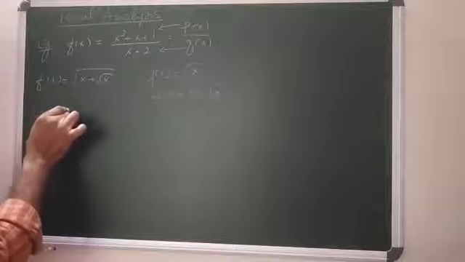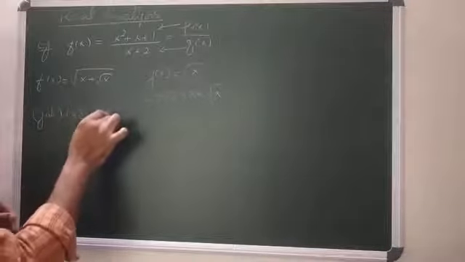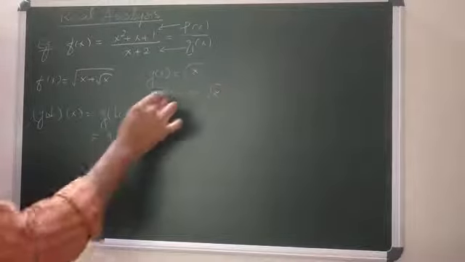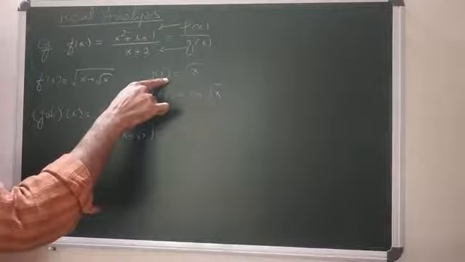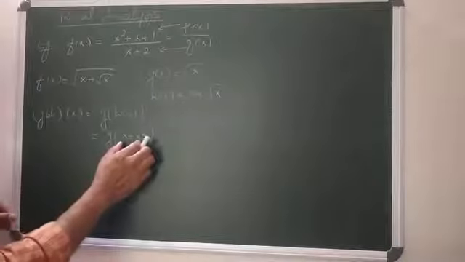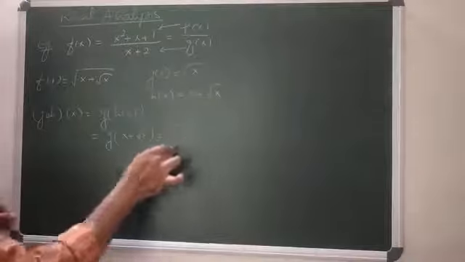What is g composition h of x? G composition h of x equals g of h of x. That equals g of, what is h of x? x plus root x. But the g image of x is root x. So g of x plus root x is square root of x plus root x.